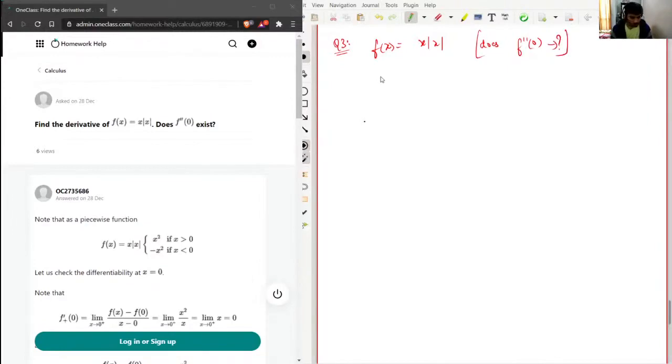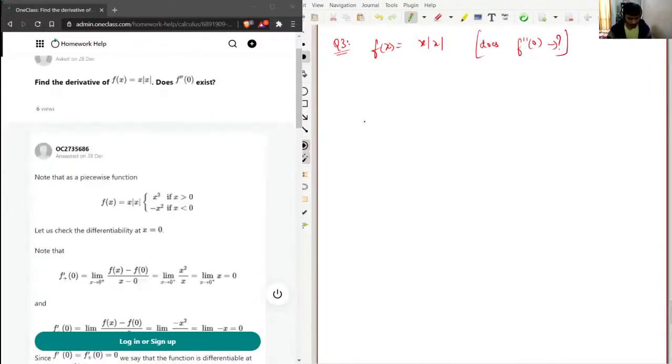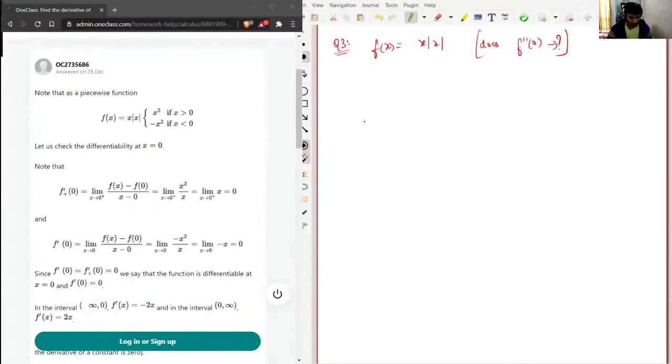So first I'll just go with this solution only because it is a piecewise function. So now f of x is x times magnitude of x, and for magnitude terms we have two conditions.